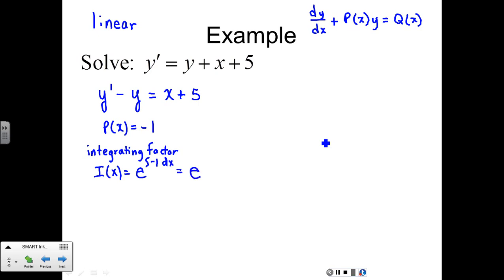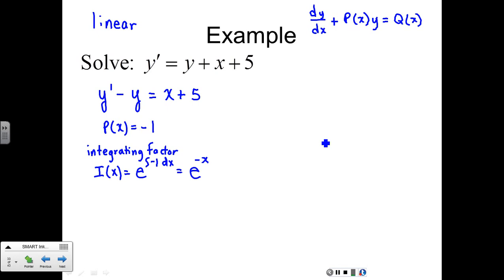Now, I know it's late, but try your best to tell me what the integral of negative 1 is. Negative x. Hallelujah. Look at them go. e to the negative x. That's your integrating factor, e to the minus x in this problem.